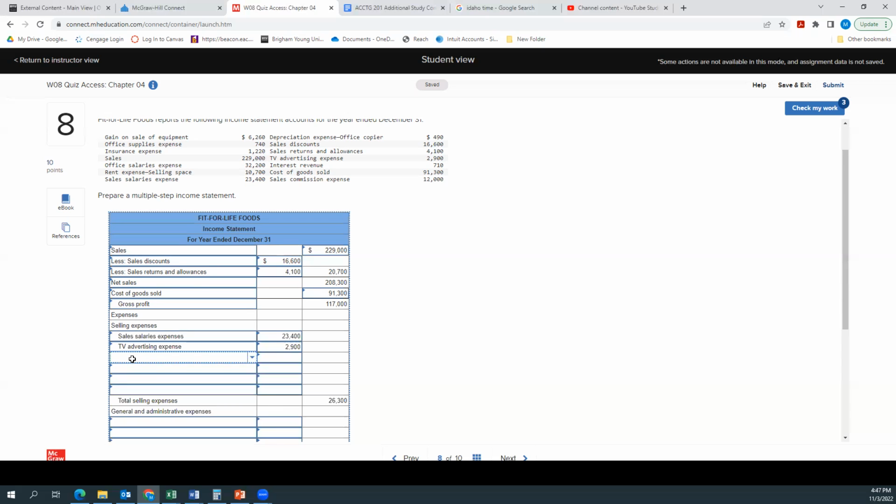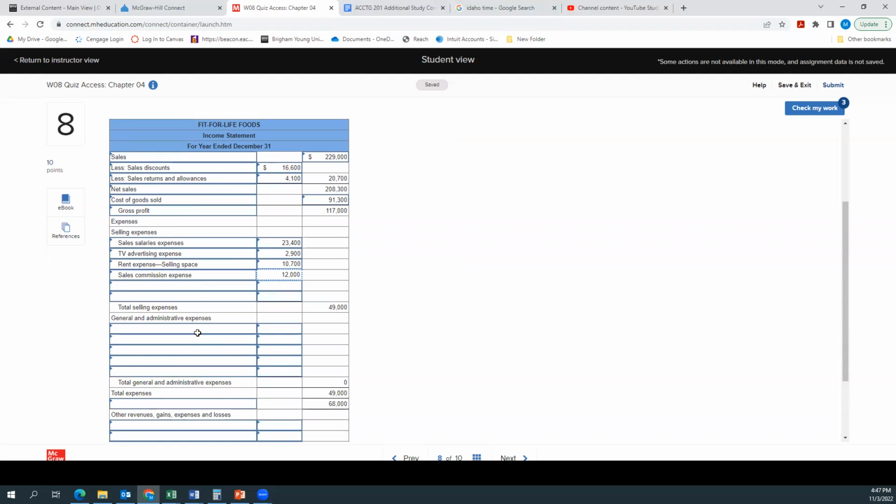I have my rent expense on my selling space, which is 10,700. And I have my sales commission expense, which is 12,000. I think that's it for my sales expenses. So those all add up to $49,000.